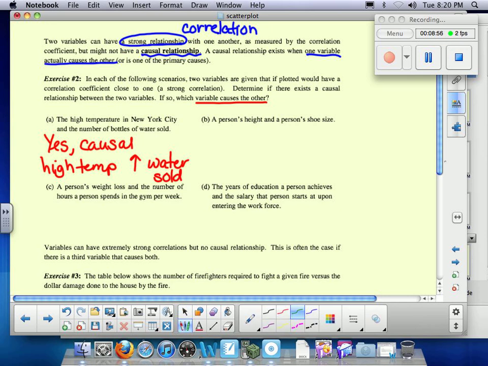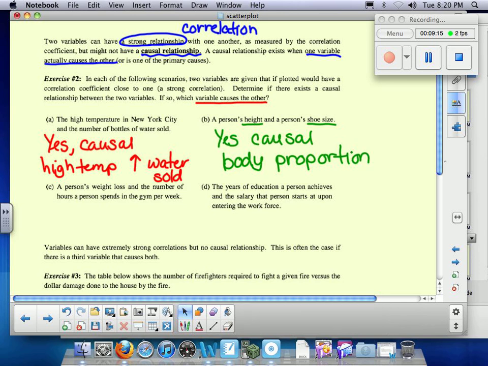In letter B, does a person's height cause their shoe size? Yes, that is also causal. Your body is in proportion. Imagine if you were really short or really tall and your feet were really small, you'd probably tip over a lot.